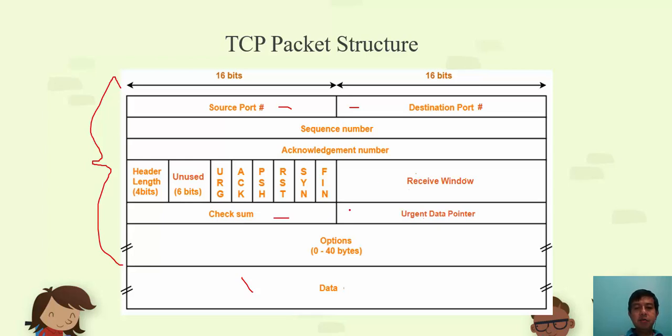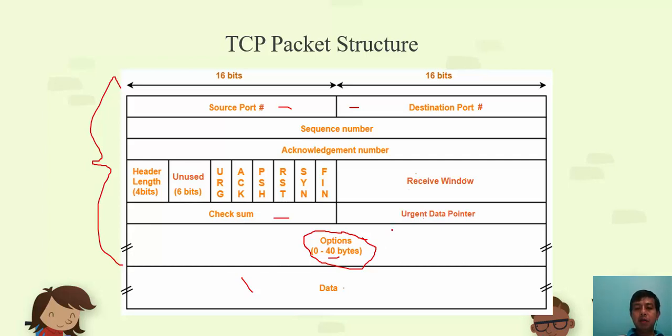The first difference, as we saw, is that there is a field which we call options in the TCP header. This options field is variable. That means these options may be present or absent. When the options field is not there, it is 0 bytes. Maximum it can go up to 40 bytes. What are these options? We will see later on.